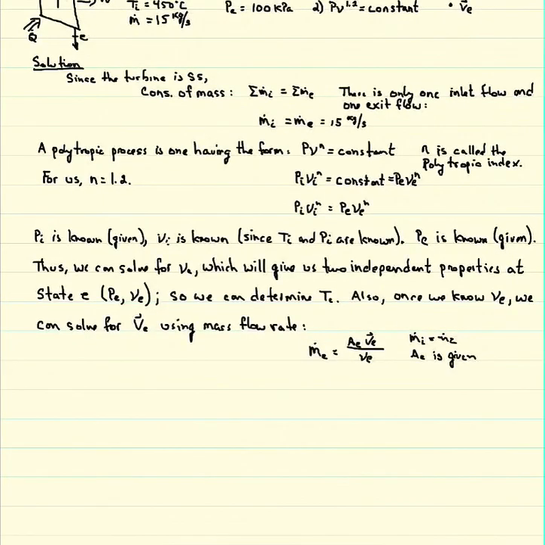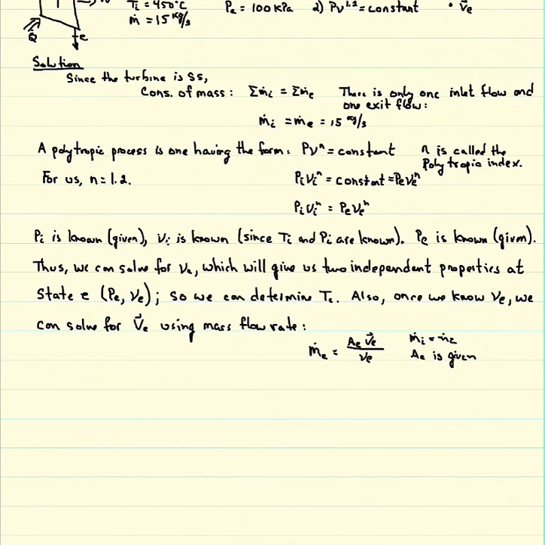Okay, so the first thing that we need to do is, if we look back in our solution method here, we know Pi, that's given to us in the problem statement, but we have to look up Vi, the inlet specific volume, using both Ti and Pi. Okay, so to do that, we'll go to table A6. In fact, actually, we can even back up a minute.